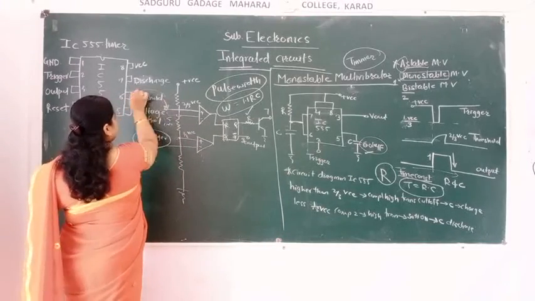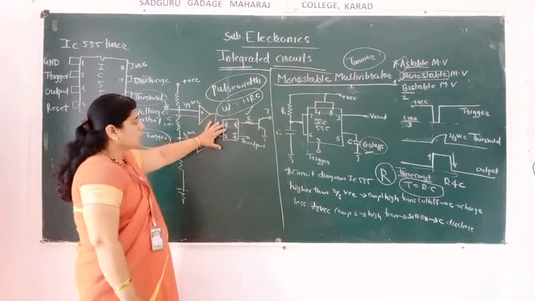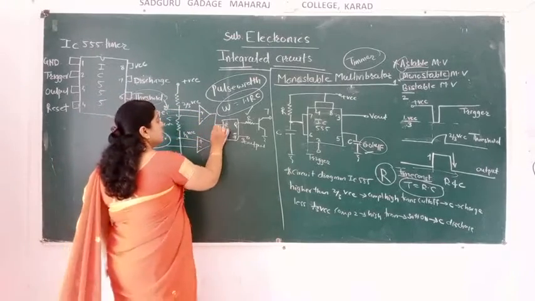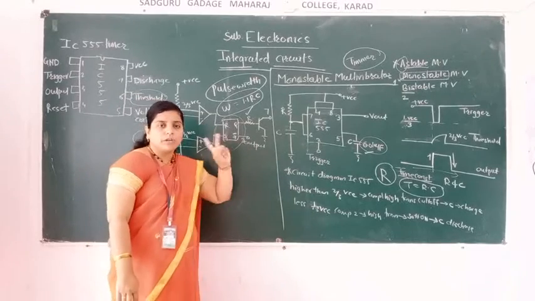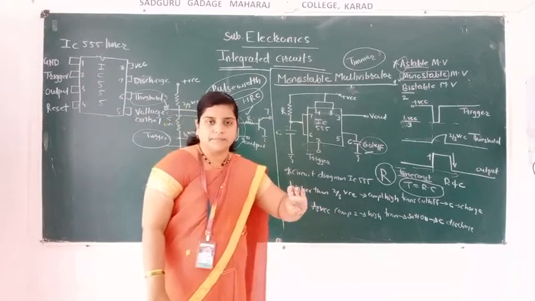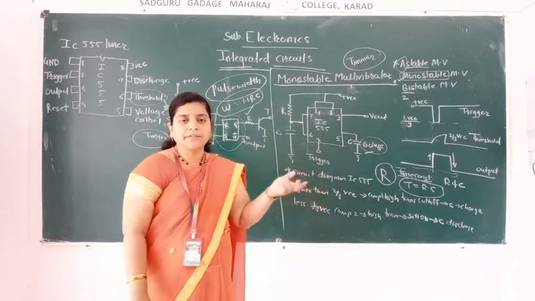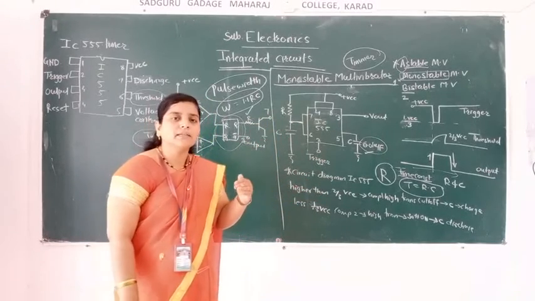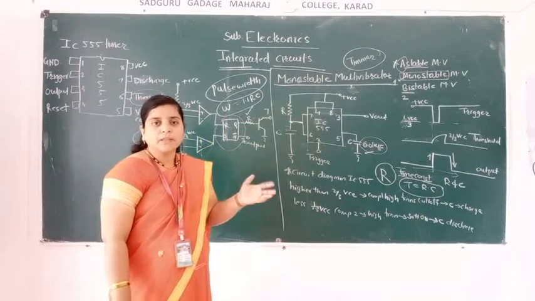If these two inputs change, the output will change. According to that, an RS flip-flop is used, and the RS flip-flop works in only two states, either 0 or 1. If both are 0 it will be in the previous state, and if both are high it will be in the toggle state. Toggle state means it is not a constant state.